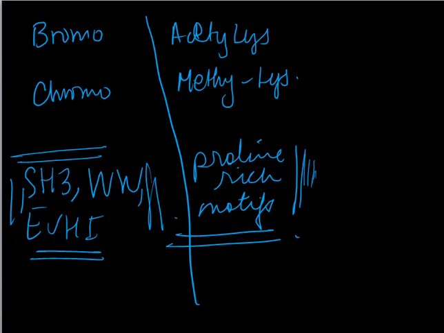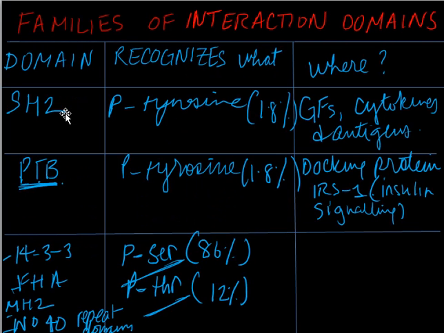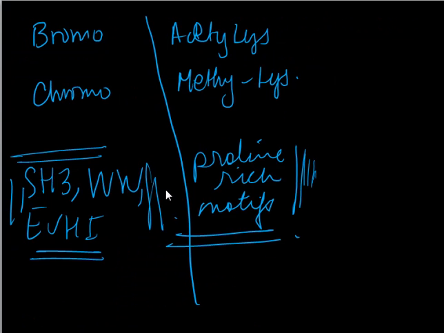Okay, so all these other domains that we talked about previously, they're all phosphorylated: tyrosine, phosphorylated serine, threonine, and so on, right? But these proline-rich motifs are very stable by themselves, and they don't need any modifications to stabilize them.